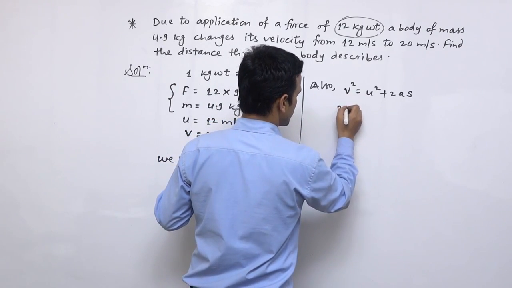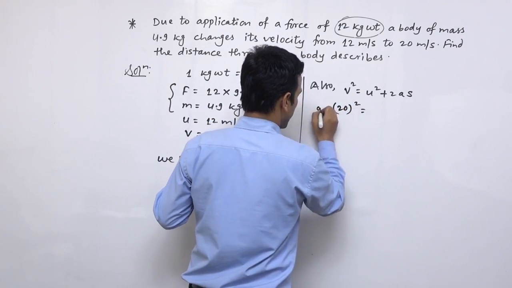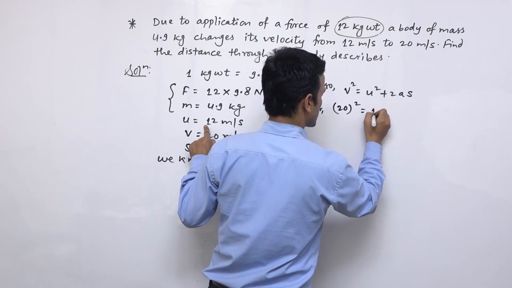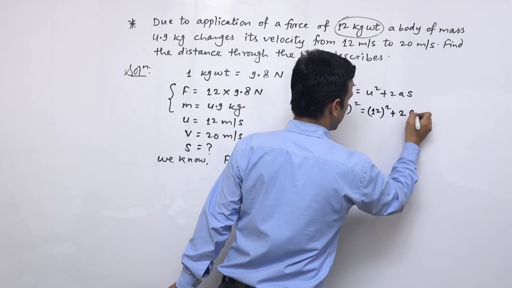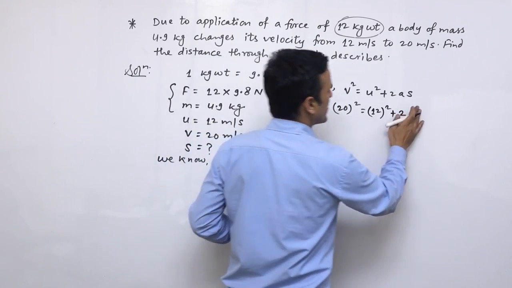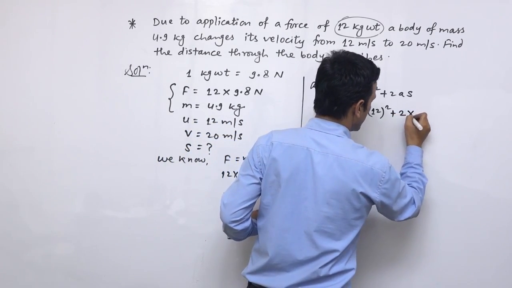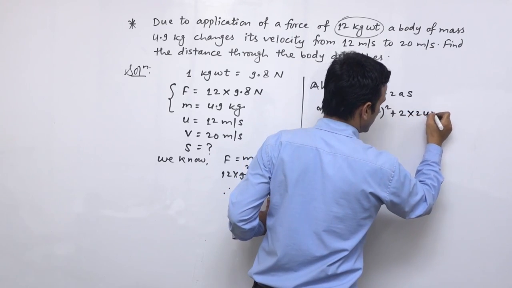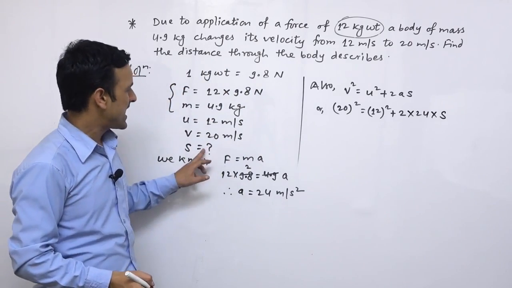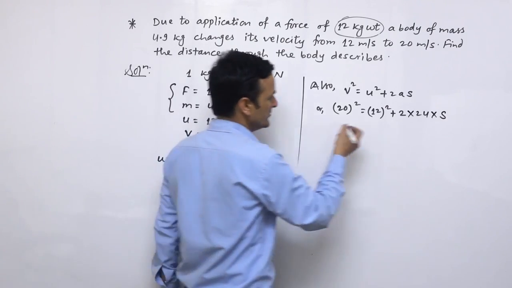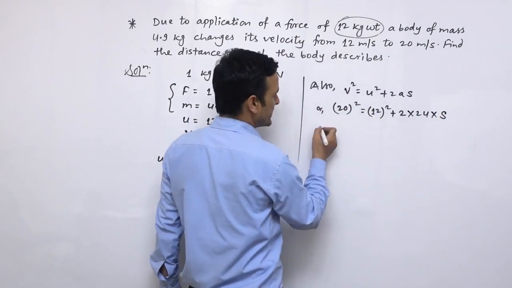V square means 20 square and U square means 12 square plus 2A. We have the value of A. So write down 2 into 24 into S. S is unknown, and we are going to find this one.